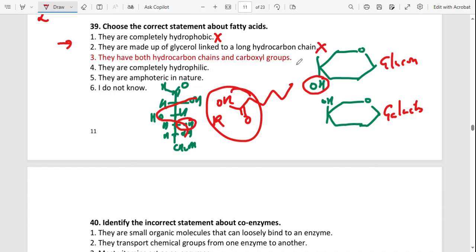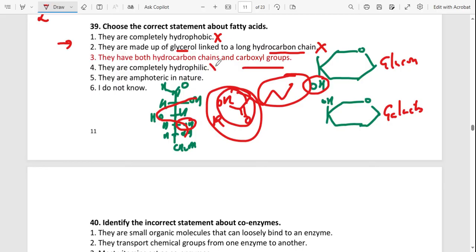That would be a triglyceride or monoglyceride or diglyceride, a glyceride made up of glycerol and a long hydrocarbon chain. They have both a hydrocarbon chain and a carboxyl group. That's true. This is the hydrocarbon chain. This is a carboxyl group.